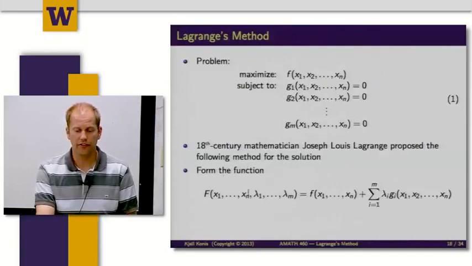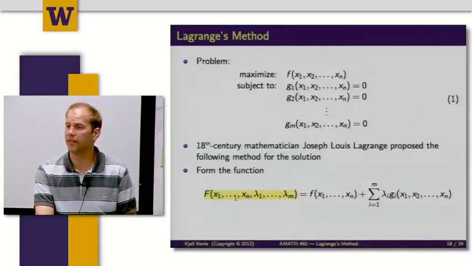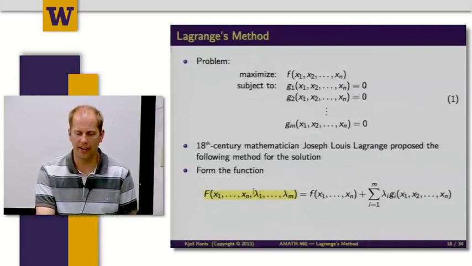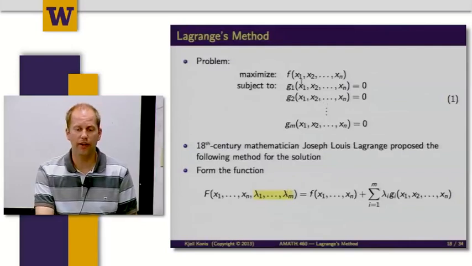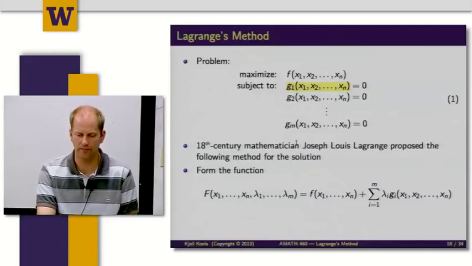And his solution was to make this function that's now a function of the original n variables, so x1 up to xn, and then also these values lambda, so you get one lambda for each of the constraints you have. So the subscript on lambda will go from 1 to m, so there's lambda 1 for g1, lambda 2 for g2, and so on.